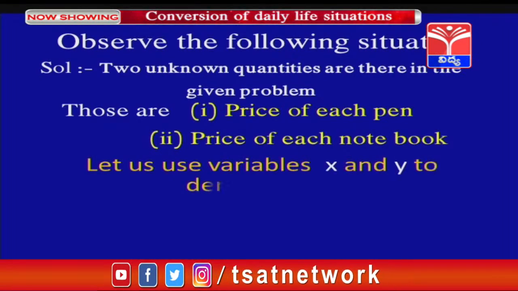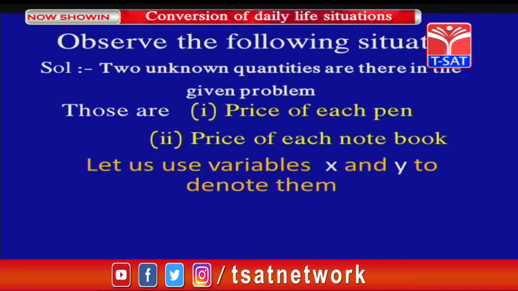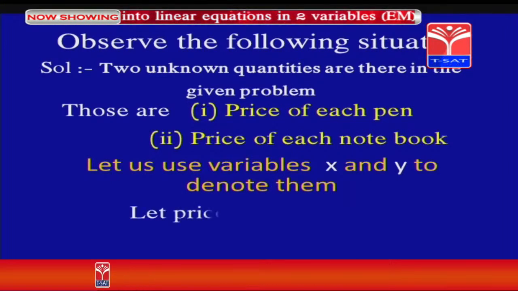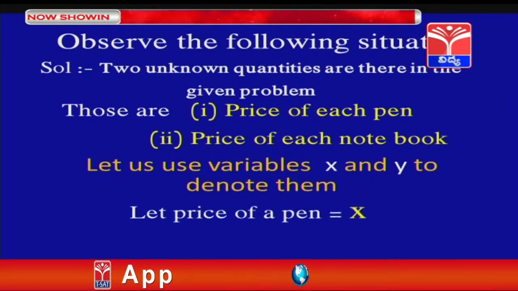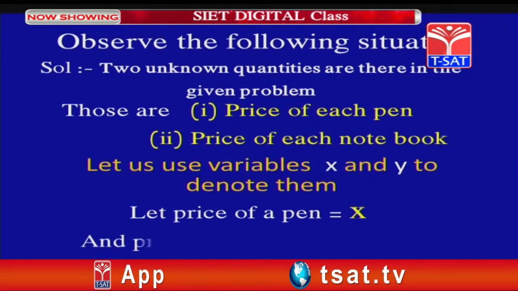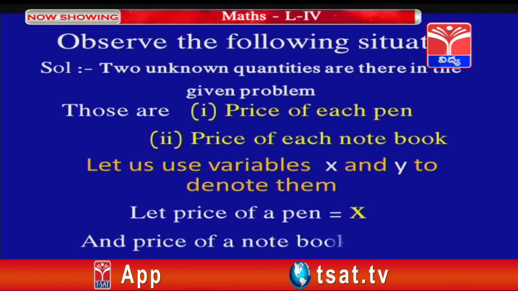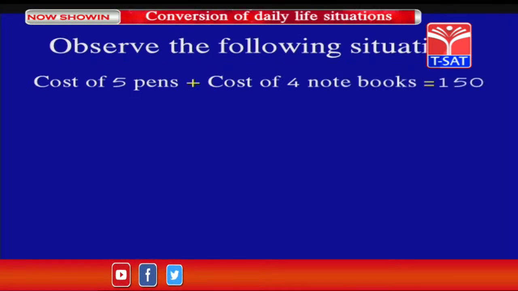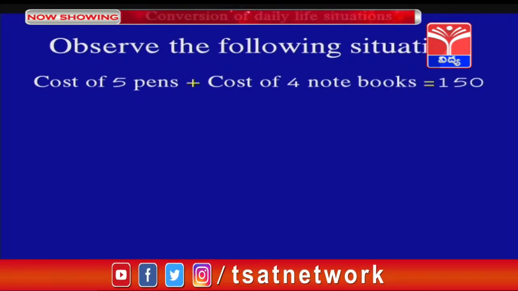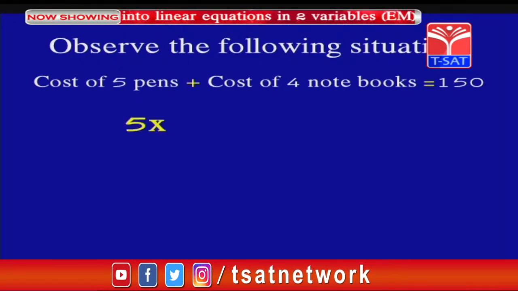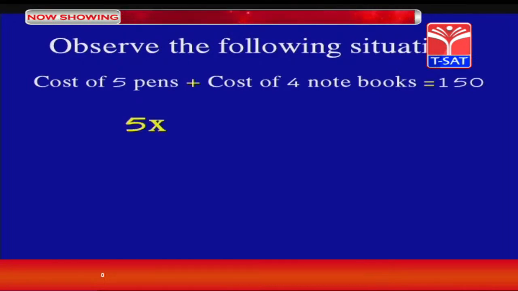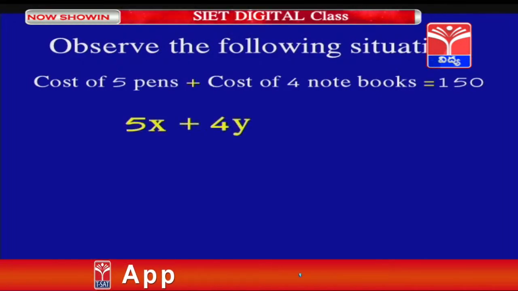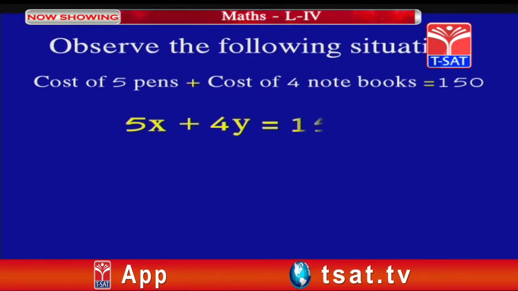Let us use variables x and y to denote them. Let the price of a pen be x and the price of a notebook be y. Now, cost of 5 pens plus cost of 4 notebooks is equal to 150. By this, 5x plus 4y is equal to 150.